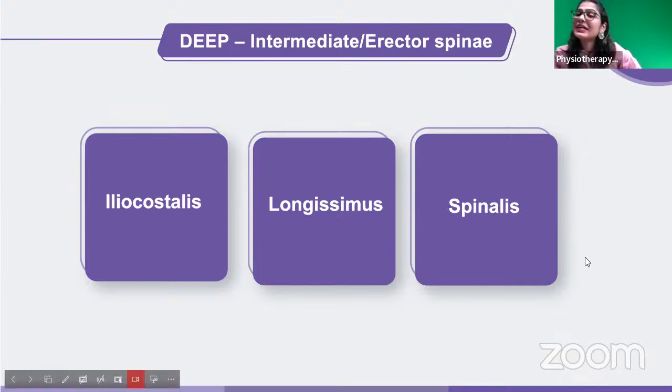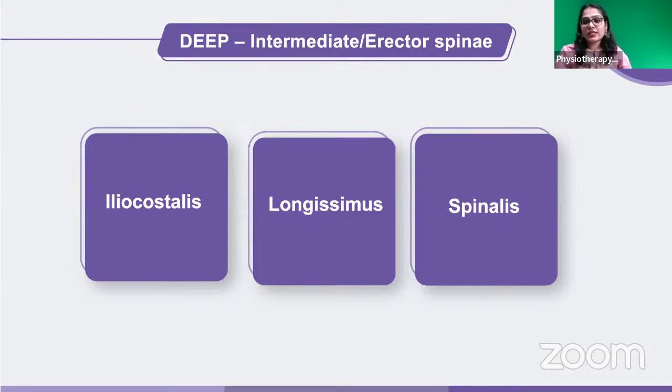Okay. So the intermediate group is also known as erector spinae. We have heard our seniors talking about the erector spinae muscle. So erector spinae is not a single muscle. It is a group of 3 muscles, that is iliocostalis, longissimus, and spinalis. Guys, whatever muscles we are studying, they are all in pairs: 2 iliocostalis, 2 longissimus, and 2 spinalis.